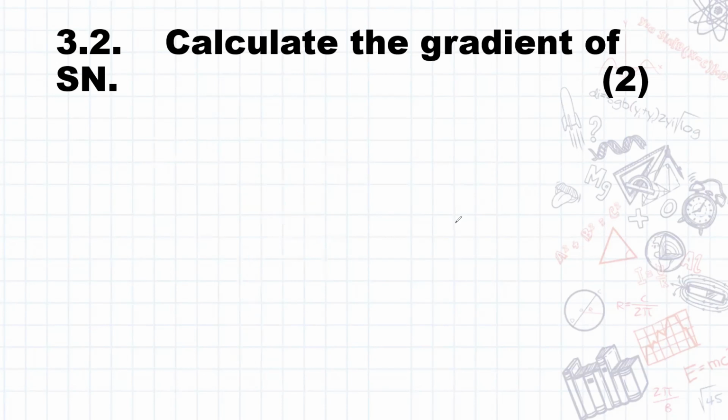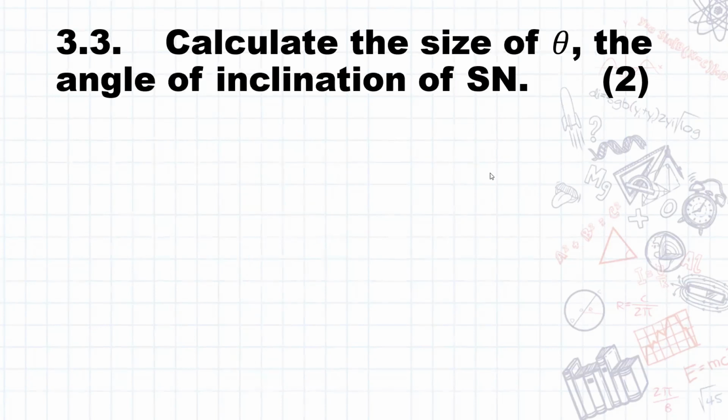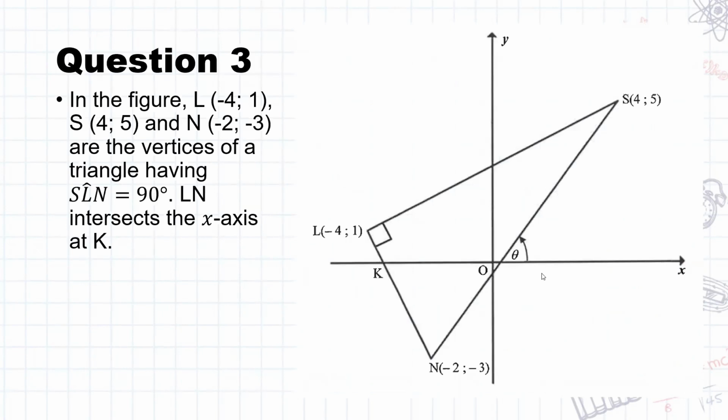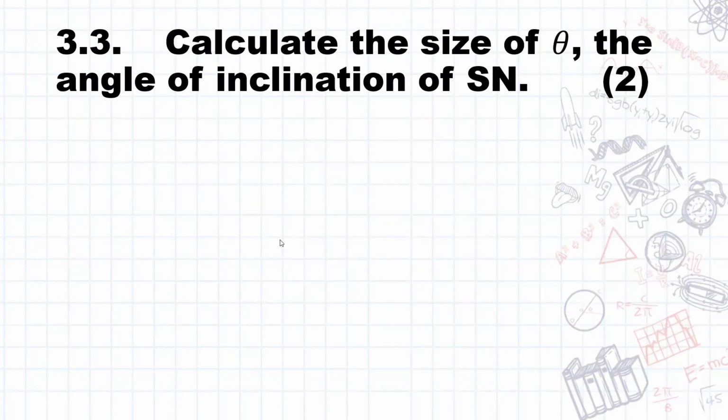Then our next question says, calculate the size of theta, the angle of inclination of SN. And so we've already found the gradient. We know the gradient is 4 over 3. And to find the angle of inclination, we just use tan. So we have tan theta is equal to our gradient, right?